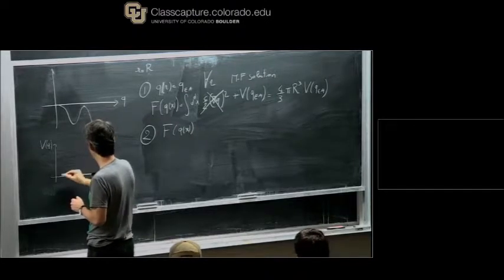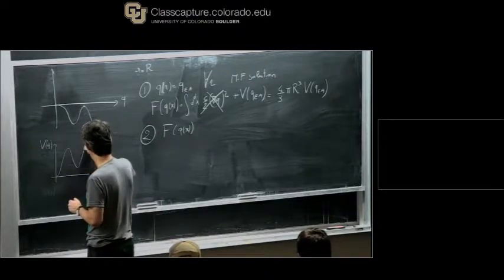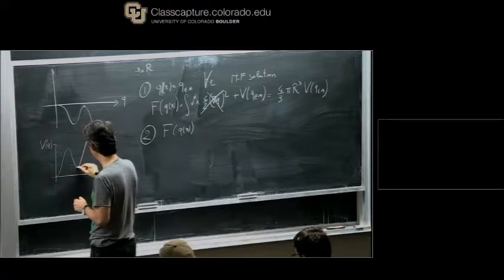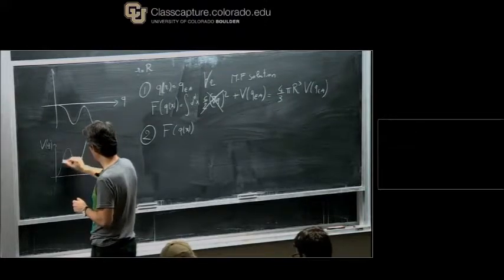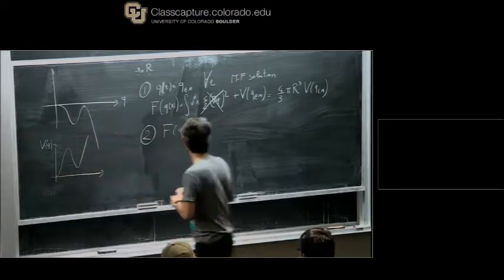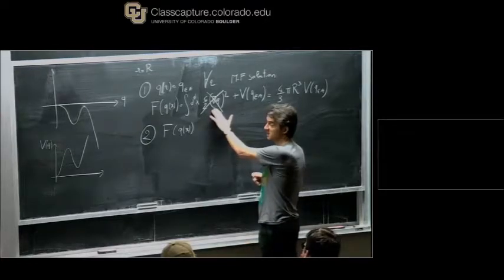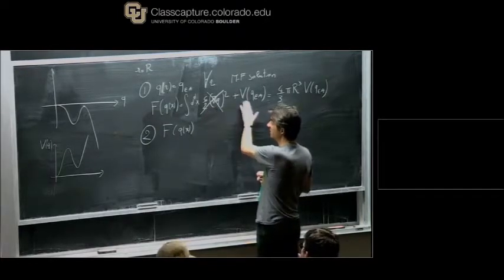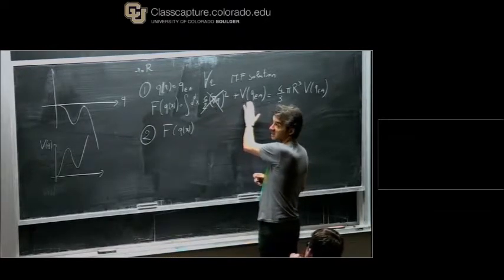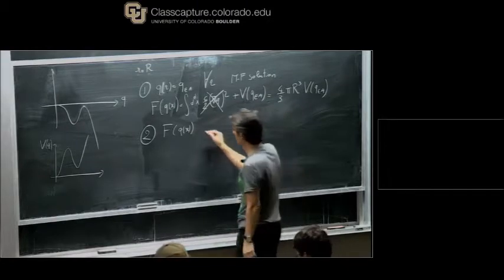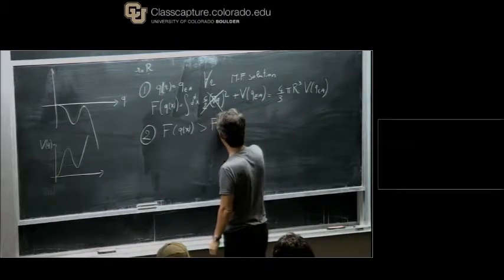Yes, sure. They are comparable, but the fact is that I start from here, I go up, and then I come back. So actually, this term is not 0 in this case, and the term that I have from here is higher. Okay, so this solution, the F_q of x, will be larger than this one.